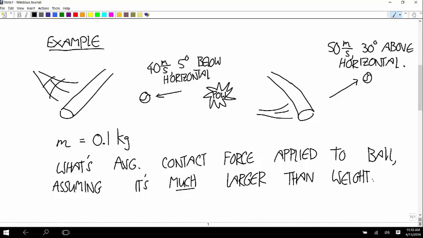It wouldn't be that hard to include the weight in there, but you can imagine over this very short duration of contact, like if the ball was a person worrying about its health, it would be very unconcerned with the force applied by gravity. And over that 0.01 seconds, it would be very concerned with the force being applied by the bat. And this impact takes 0.01 seconds.